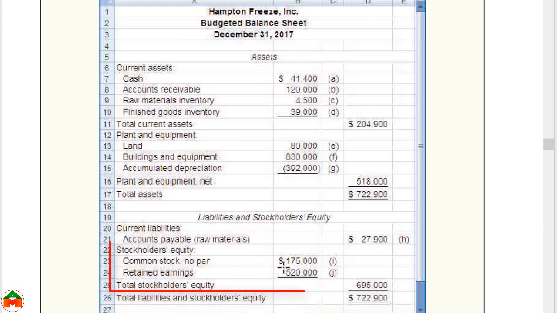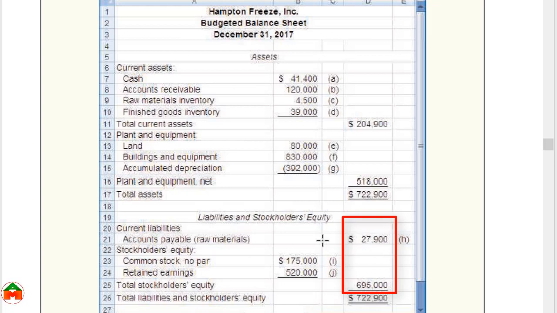So total equity would be calculated by adding these two items, which is 695,000. This is the total equity, and with this equity we will add the liabilities, which is 27,900, the current liabilities. This equity total comes to 722,900.